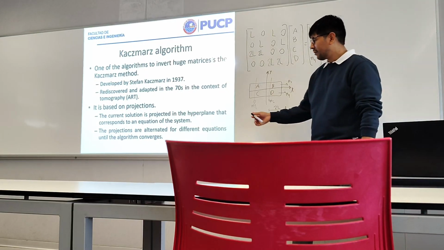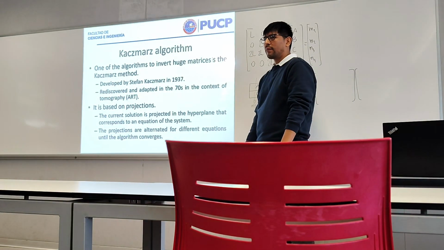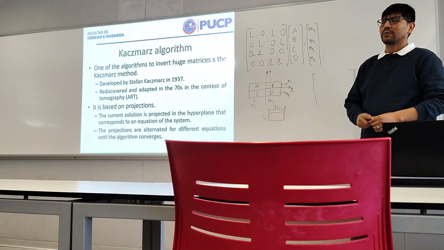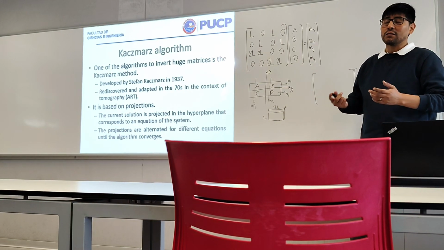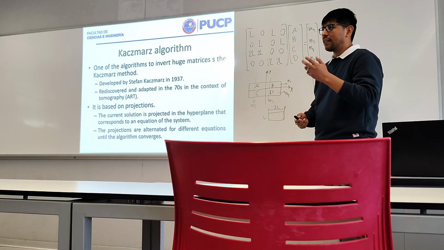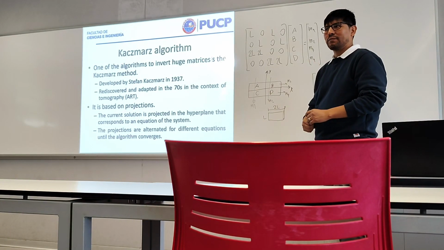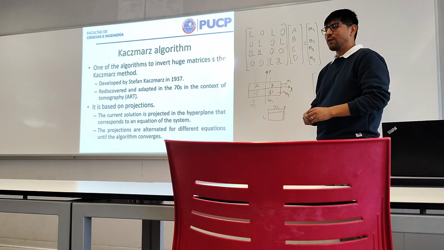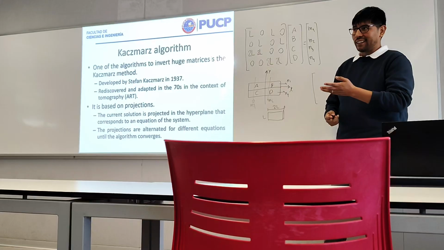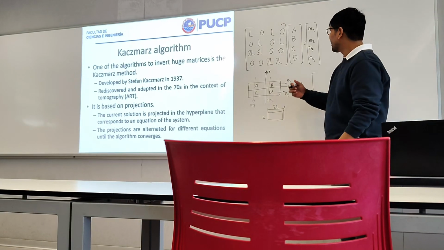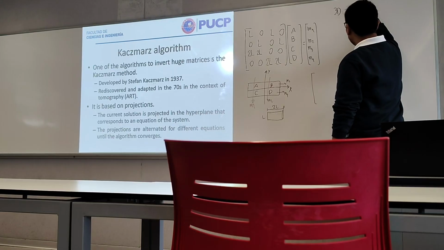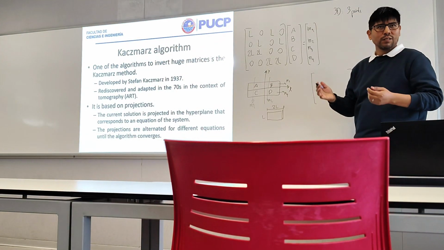What's a hyperplane? It's like an extension of the plane. What's a plane? In space, what do we need to define a plane? Right, 3 points in 3D. In 3D, we need 3 points, and the 3 points define a plane.